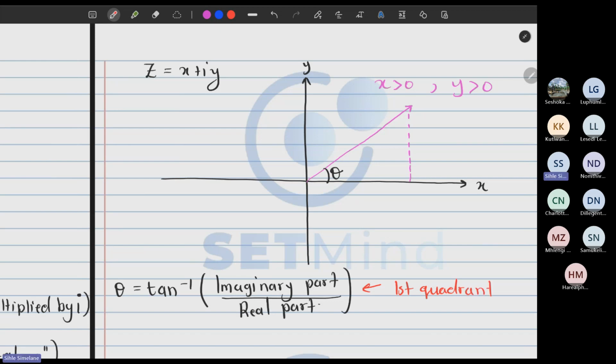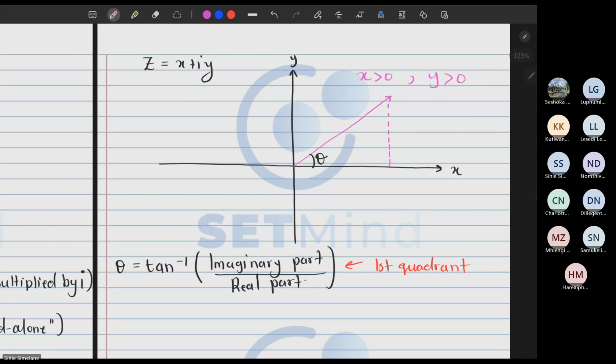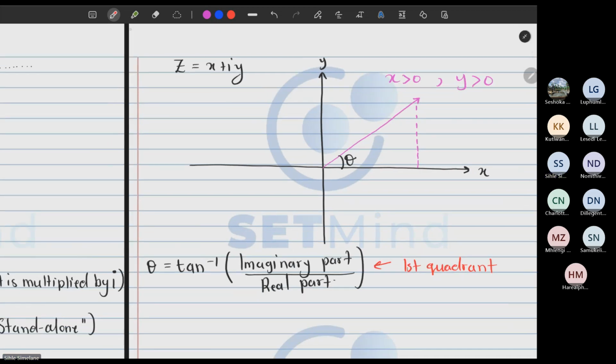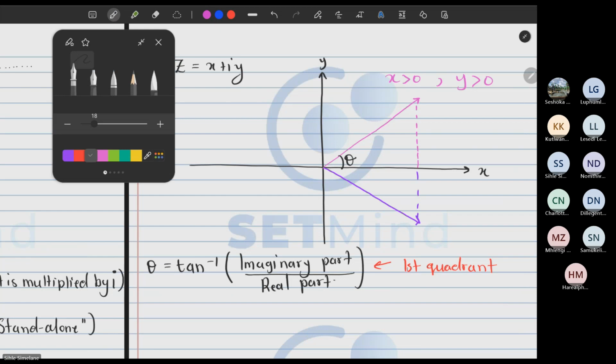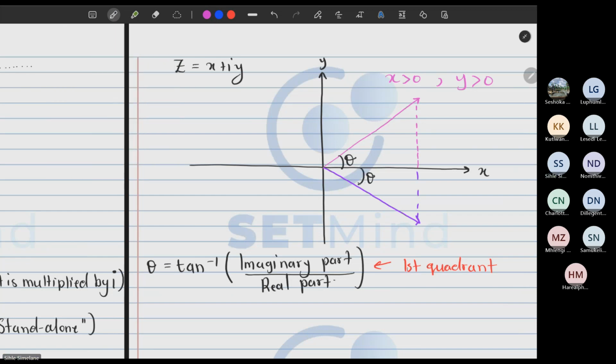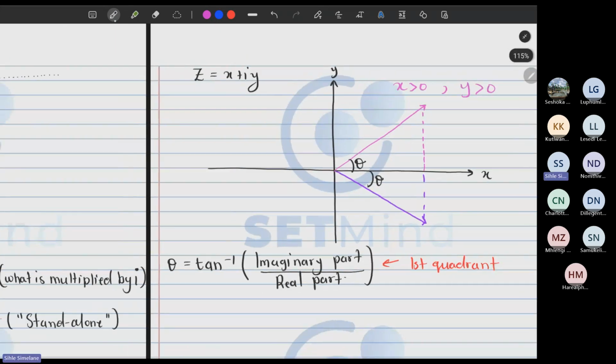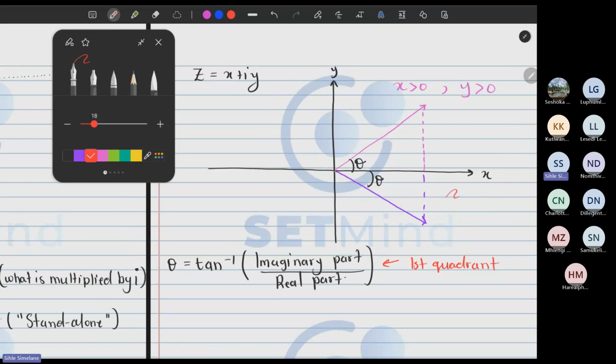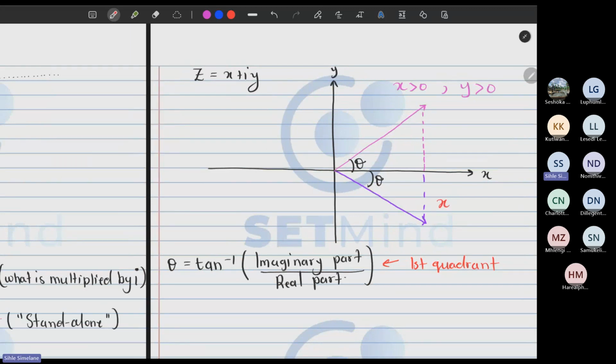Okay, and then let's see what happens when we're in the fourth quadrant. So if you're in the fourth quadrant and you plot your complex number, you find out it is here. You can be in the fourth quadrant only if your real part is greater than 0, meaning x is positive, but y is negative.